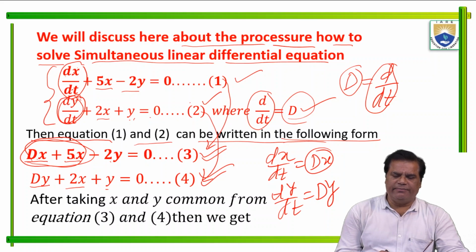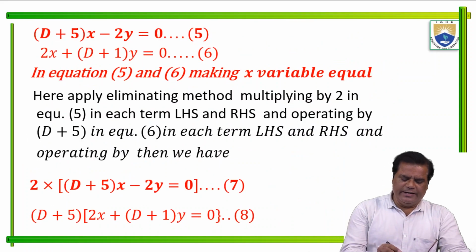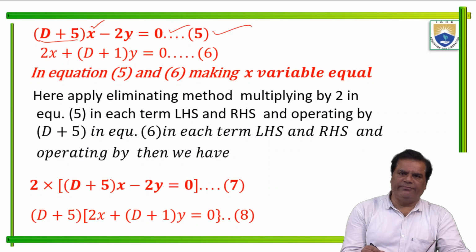Then D plus 5 operating on x, minus 2y equal to 0. Here is Dy plus y, so y is common in these two terms: D plus 1 operating on y, plus 2x equal to 0. So we get D plus 5 x minus 2y equal to 0, equation 5.